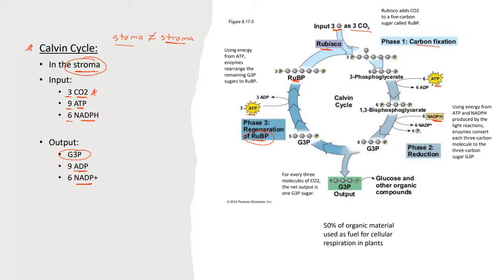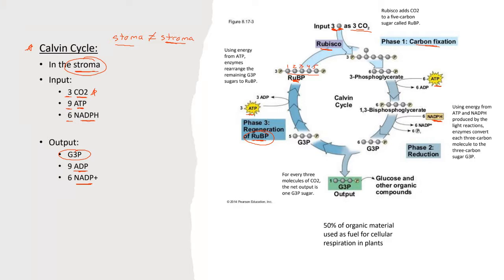Now, why am I talking about this? Why so much math? Well, here they say input 3 molecules of carbon dioxide, but they only show you one little circle, so 1 carbon. And this is just for simplicity. So what happens is this carbon dioxide molecule, like we said, carbon fixation, is going to be added to this molecule of RuBP. I don't know if you noticed, but RuBP has 1, 2, 3, 4, 5 carbons.